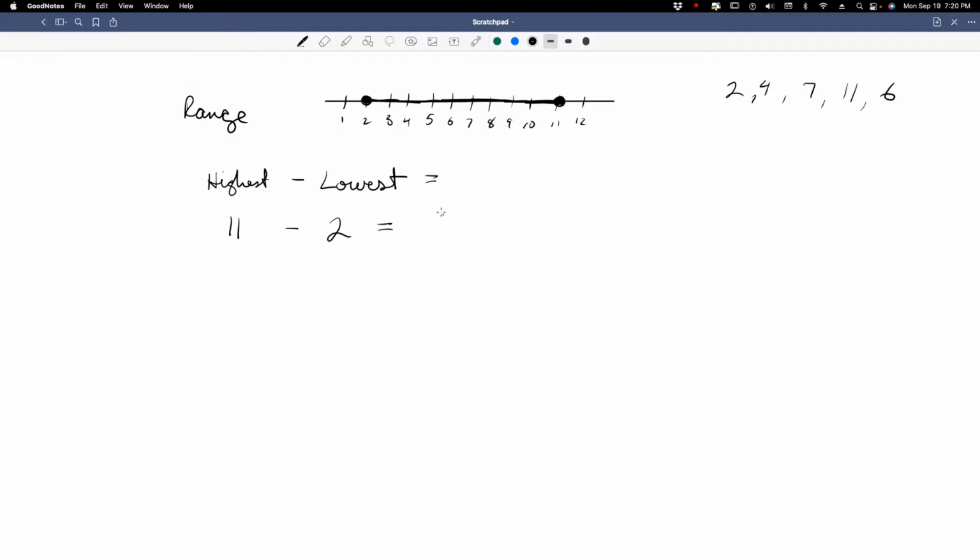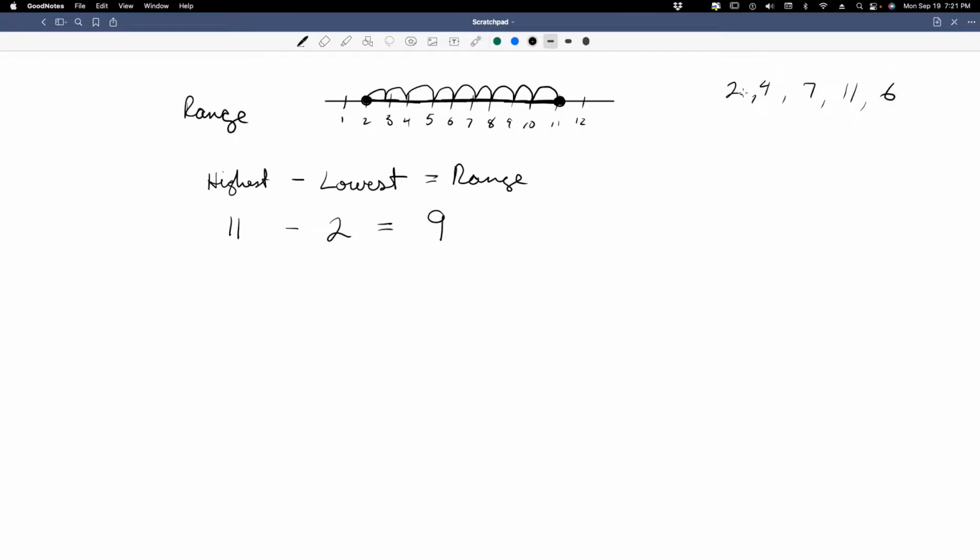So our range is 9. If we were to actually look on the number line, we could count it: 1, 2, 3, 4, 5, 6, 7, 8, 9. And we see that matches up with what we found mathematically.